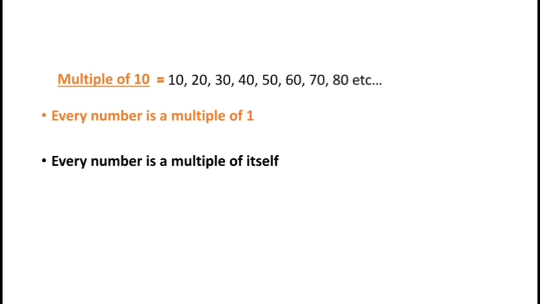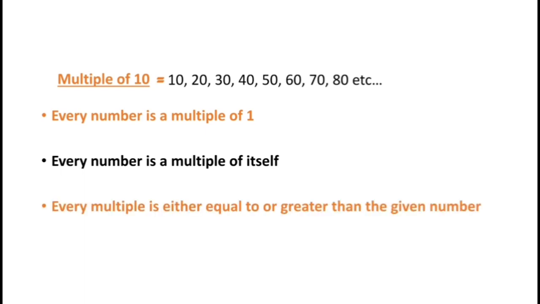Then when we compare all the multiples of 10, the first number is 10, which is equal to the given number 10. Then the next number is 20. If we compare, 20 is greater than the given number 10. Then 40. 40 is also greater than the given number 10. So what can we say?